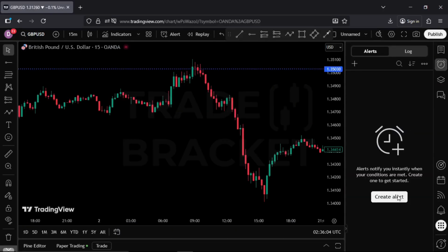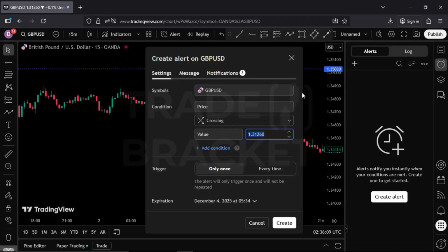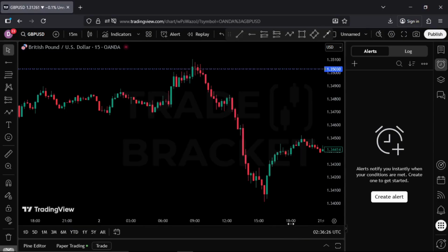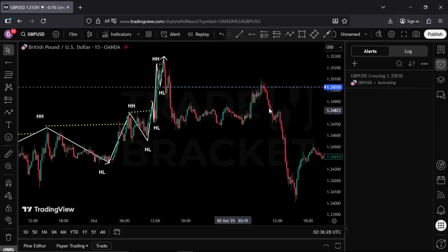I will create the alert, and I want it at this point. Remember, this is the point of the last higher low, so I'll make sure I type that figure in: 1.35030. Then go ahead and click create.